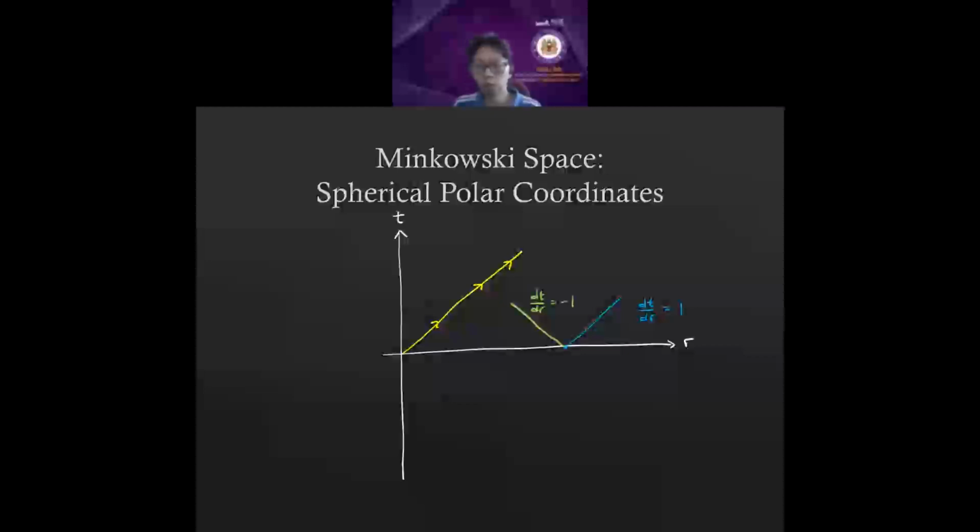This forms the light cone, or to be more specific, this is the future light cone. It is the future-directed light cone in Minkowski space in polar coordinates.